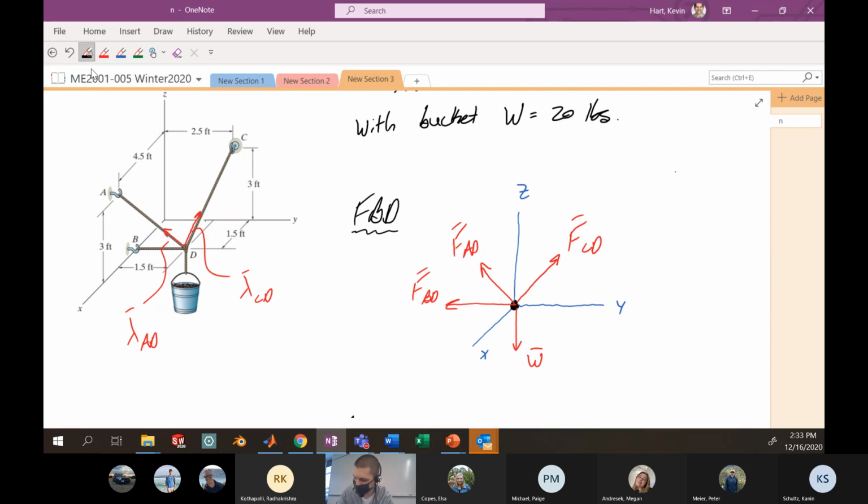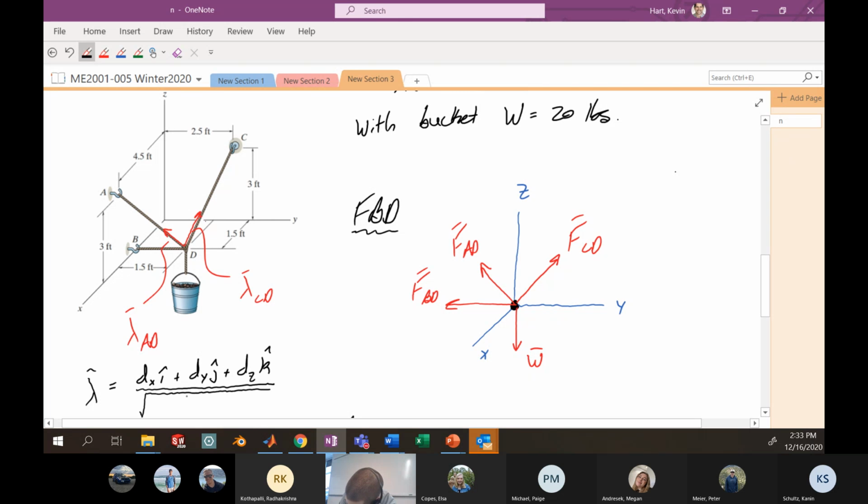And I'll give you a reminder on what that equation is going to look like. That's the equation that you want to utilize here for both of those.